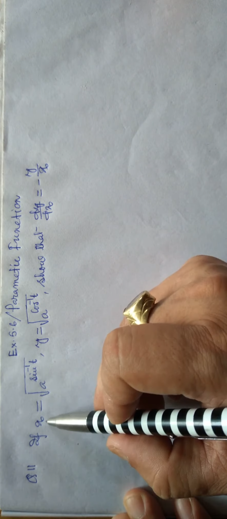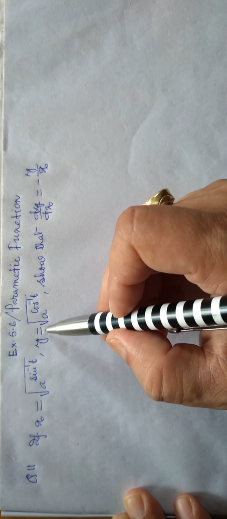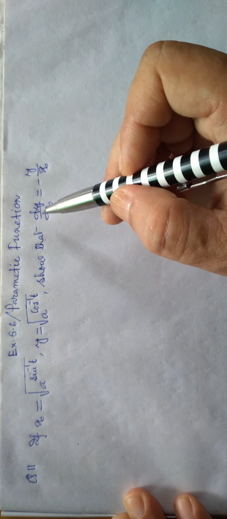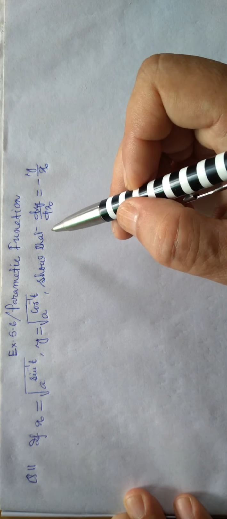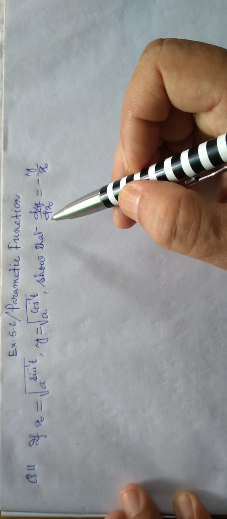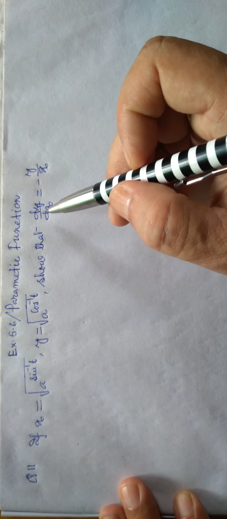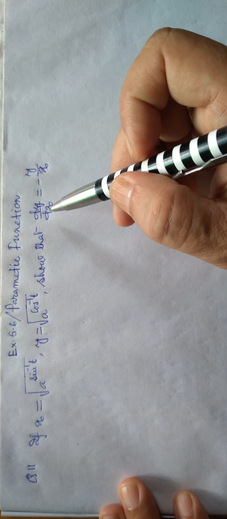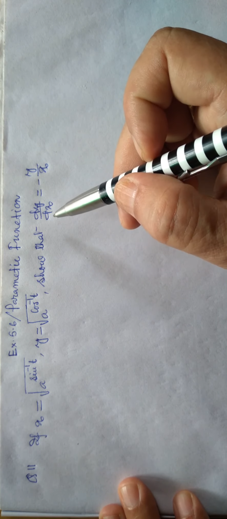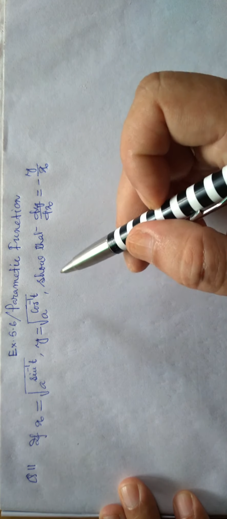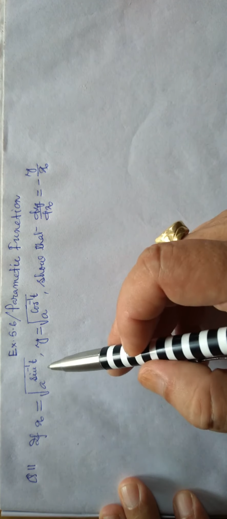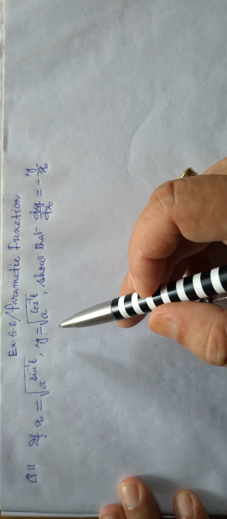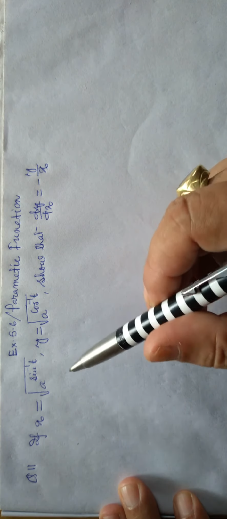Yes, so x is expressed in terms of t, and y is also expressed in terms of t, and finally what we are going to find is dy by dx. Differentiation, dy by dx means we differentiate y with respect to x, because of one parameter, x is in terms of t and y is in terms of t, both are expressed in terms of t.